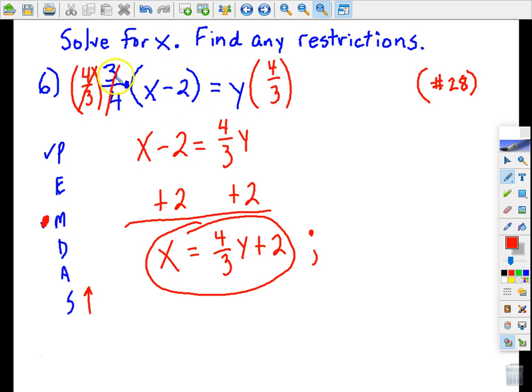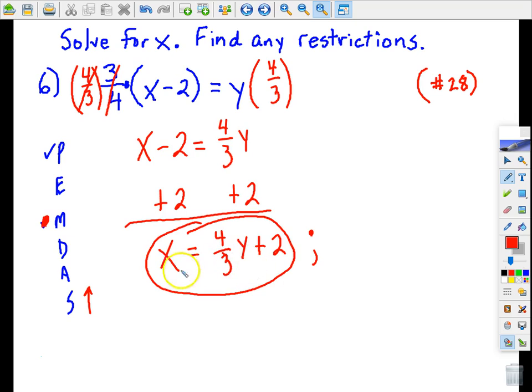Well, we're only going to have restrictions if we have fractions that contain variables in the denominator. Looking at the original problem, I don't have any fraction that has a variable in the denominator. So there are no restrictions contained here. And in the final answer, I have a fraction, but it's got a constant in the denominator.